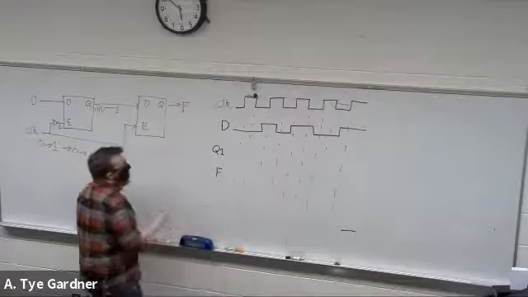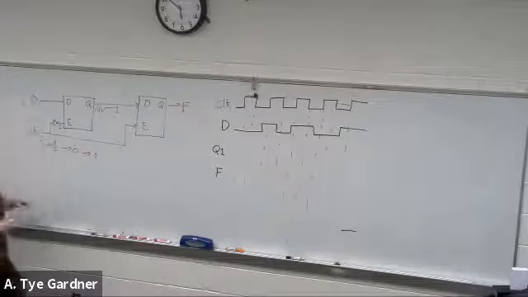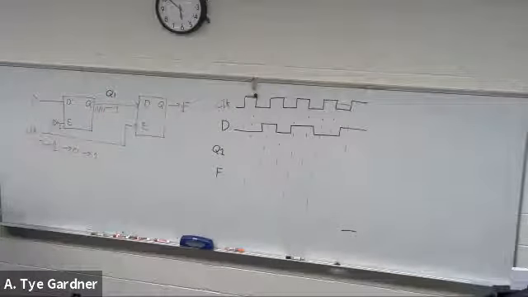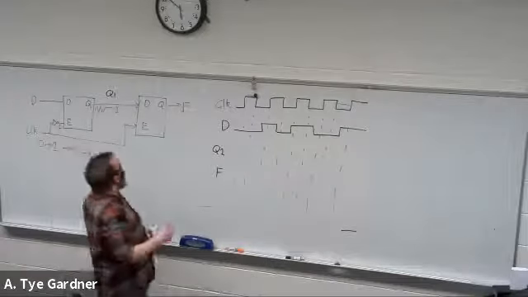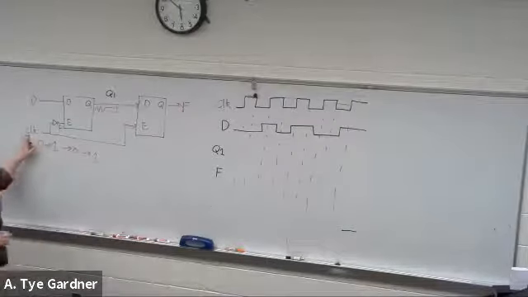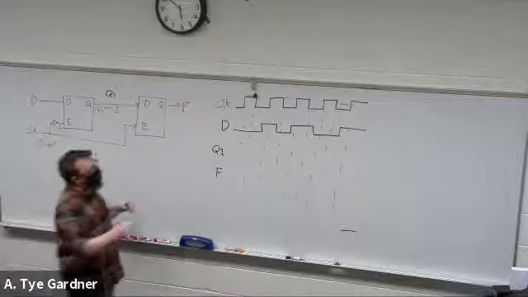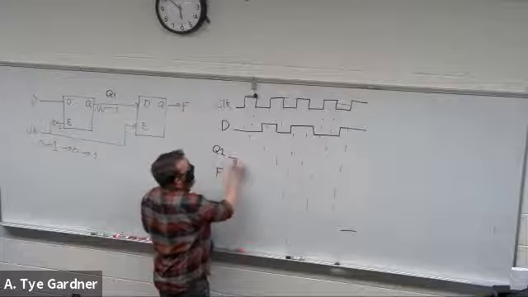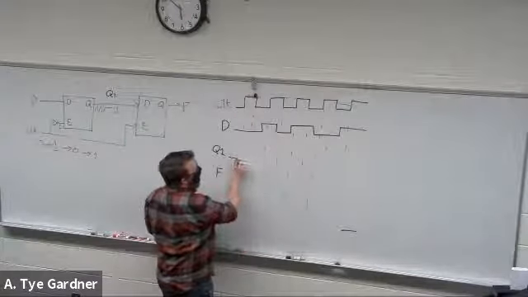So the first thing that happens is we know that the Q1, which we're calling here, is just going to follow data as long as enable is on, right? So enable is not clock, right? So if clock is low, starts low, we just follow data. But then it's high, so we're locked in, still low.